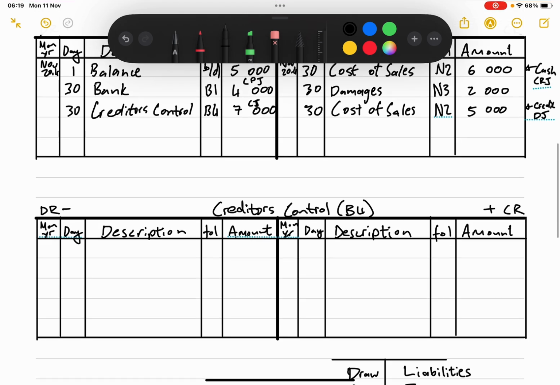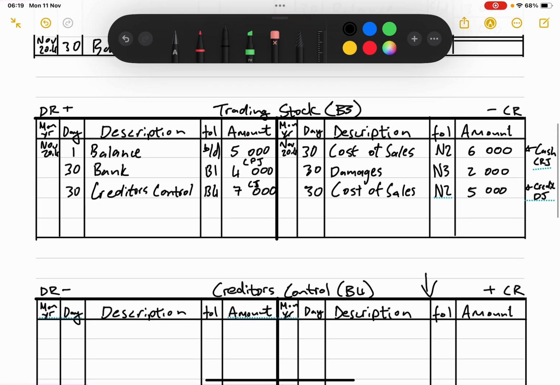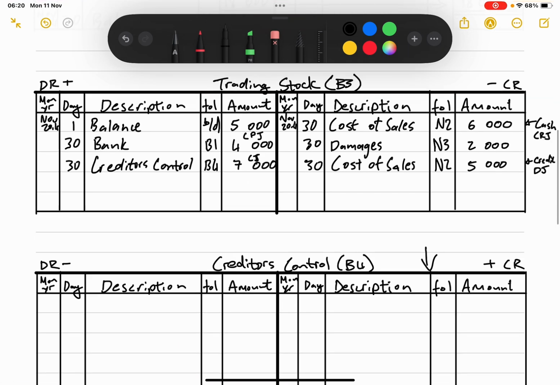And so that will decrease your creditors control, but we're not worried about creditors control for now. What we are worried about is trading stock. The other thing that happens when you return goods is you no longer have the goods. So you need to decrease the amount of trading stock you say you have on your books to match how much stock you have in real life, like if you had to do a stock count.